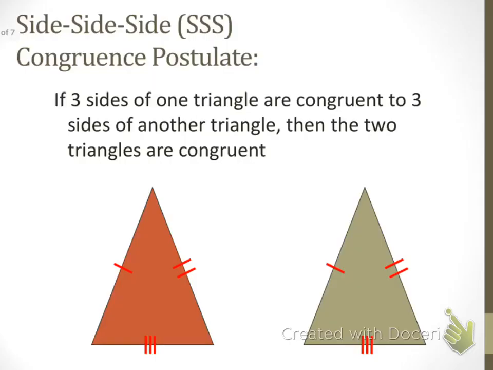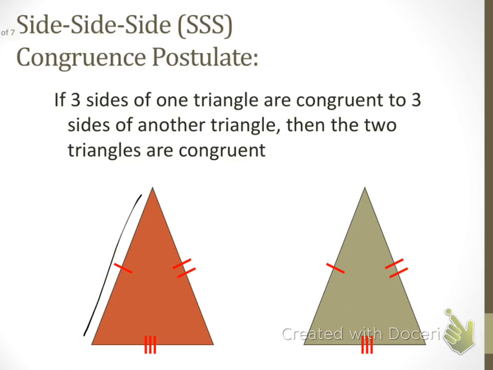Okay, the first is what's called the side-side-side congruence postulate, or just the SSS congruence rule. And this one is kind of self-explanatory. If three sides of one triangle are congruent, or equal, to three sides of another triangle, then those two triangles have got to be the same exact size and shape.